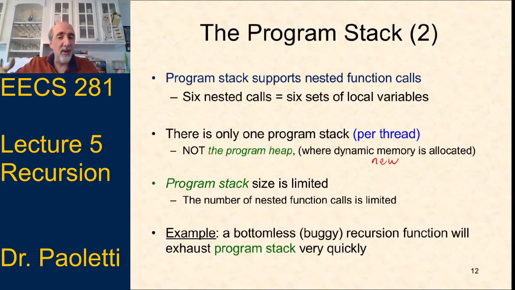It's making progress, n is going down by 1 every time, and there is a base case, but before we reach the base case, there are just too many recursive calls on the stack and it overflows. And I've seen it vary across different operating systems and different numbers of parameters. The real thing is the more local variables you have, the faster the stack space would be exhausted.